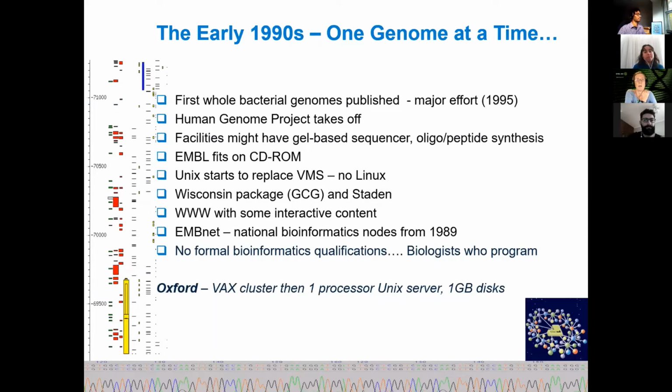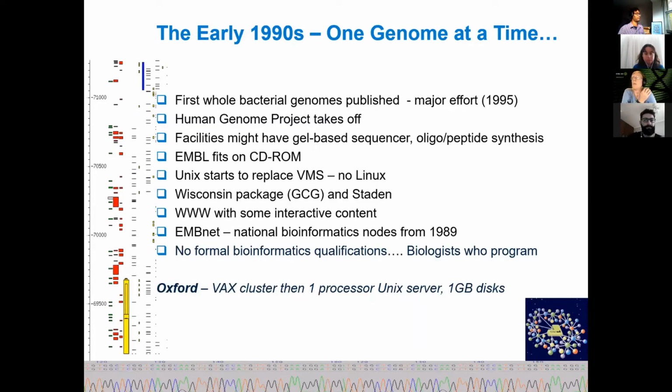So moving on in time, we're now in the early 1990s, and this is around the time that whole bacterial genomes started being published. These were a major effort. They took large consortia many years to put together, and a small rash of those first came out in around 1995.